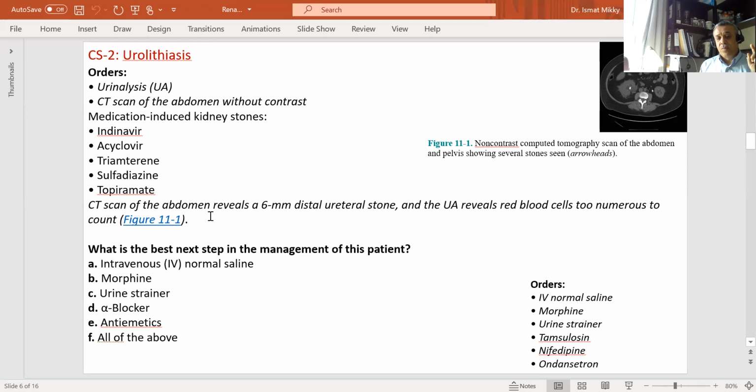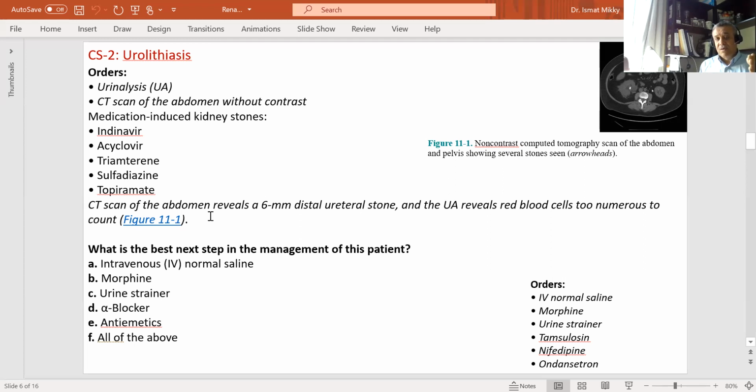To adequately assess the stone to be removed or to pass through the renal system, the IV normal saline, so that would be hydration, will be number one.